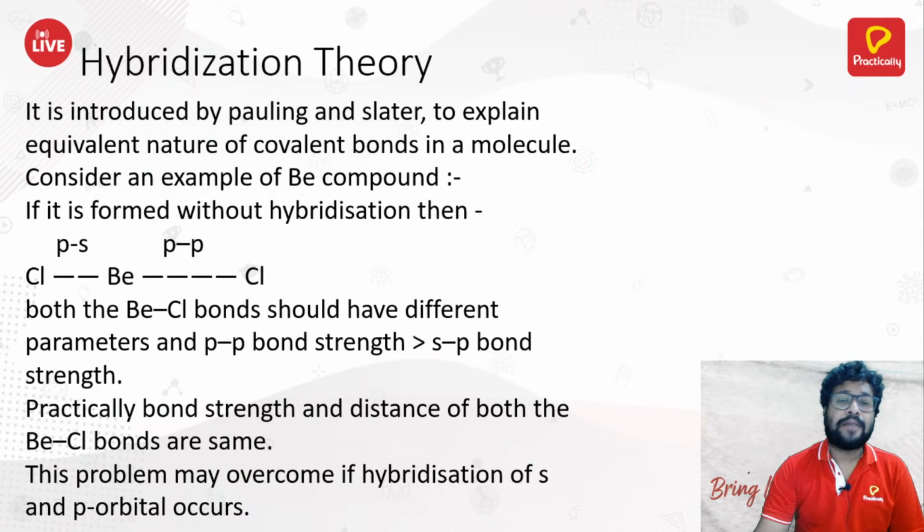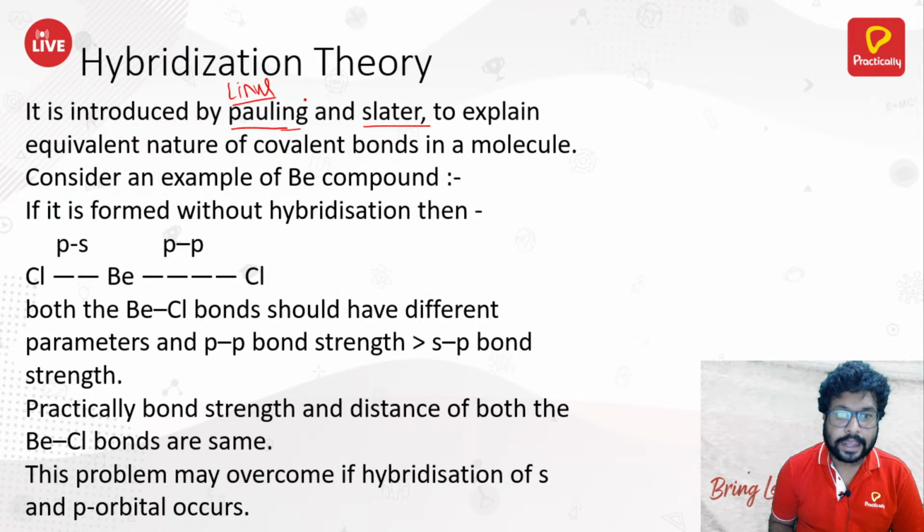Next is hybridization theory. So there are two theories of VBT. First one was overlapping theory. Second is our hybridization theory. The hybridization theory was introduced by Pauling and Slater. Linus Pauling, his name was Linus Pauling, and he also won a Nobel for this.